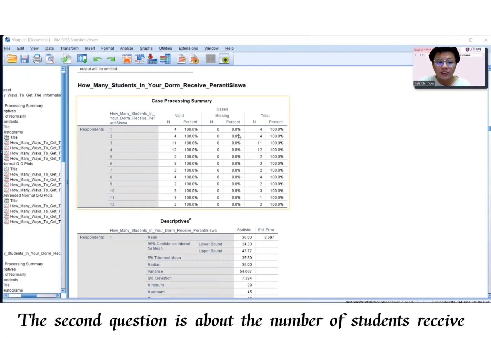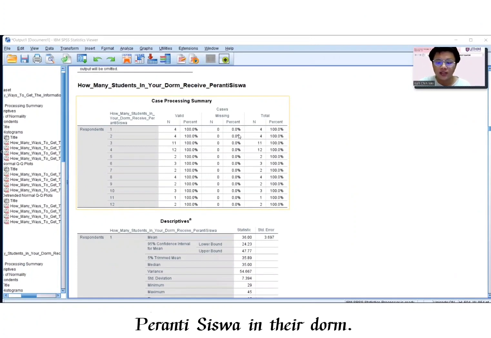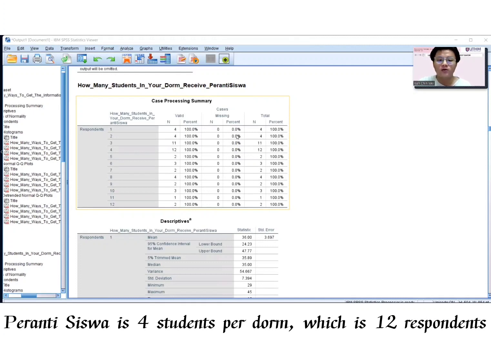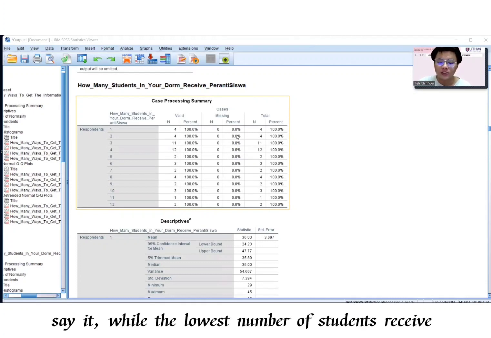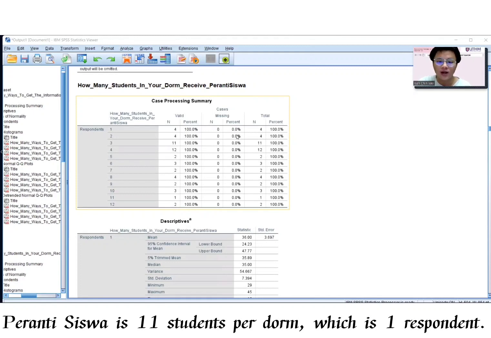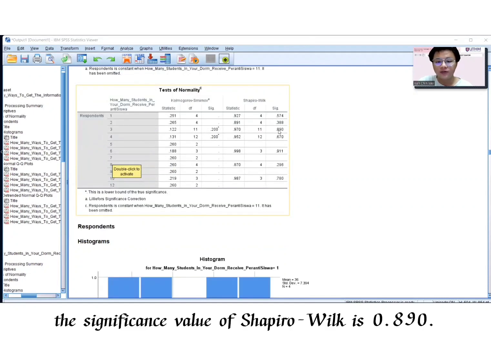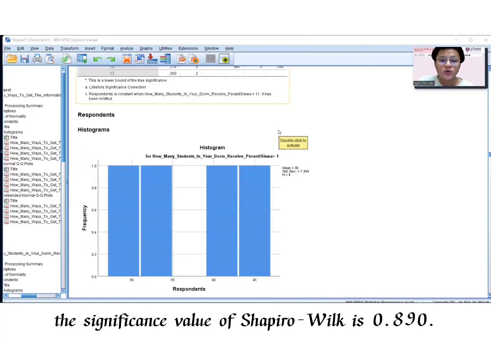The second question is about the number of students who receive Peranti Siswa in their room. We conclude that the highest number of students receiving Peranti Siswa is 4 students per room, which is 12 respondents, while the lowest number is 11 students per room, which is 1 respondent. It can be seen that the number of respondents is 3, and the significant value of the Shapiro-Wilk is 0.890.